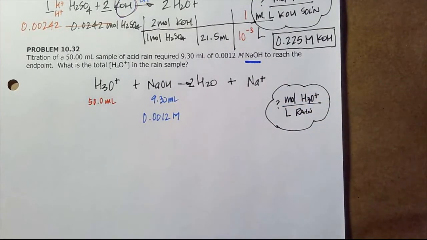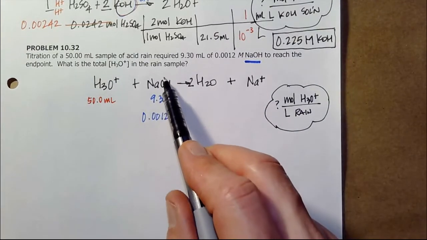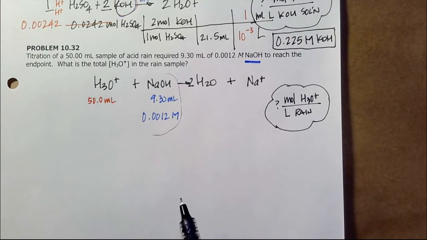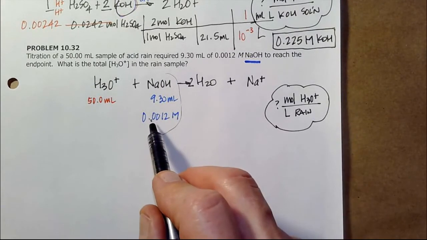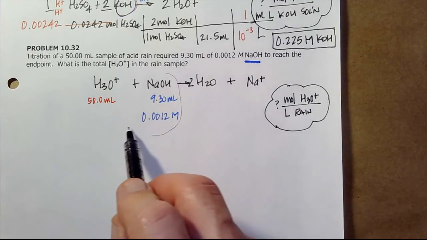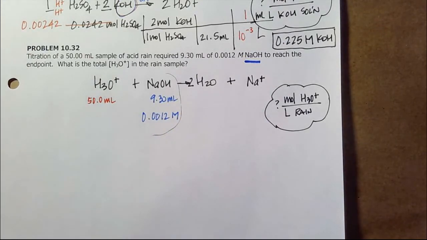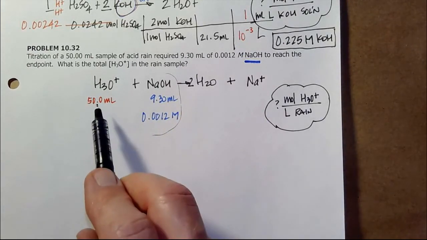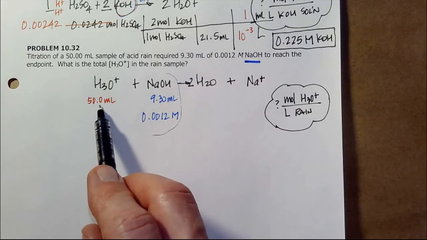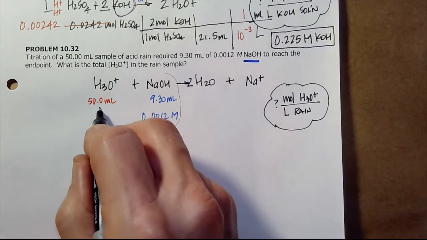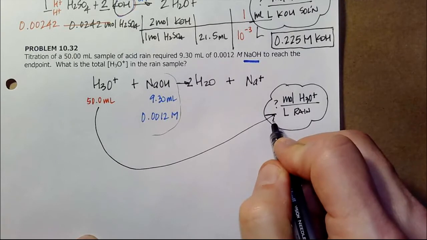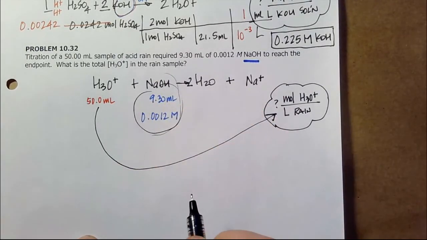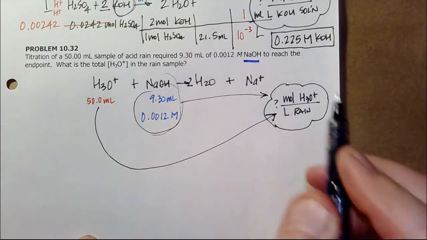That's what we're trying to get to. So the path is going to be something like, use this to get moles of sodium hydroxide. From moles of sodium hydroxide, you can go to moles of H3O plus. It's 1 to 1. I can convert that into liters. I'm going to use that to calculate moles of NaOH.